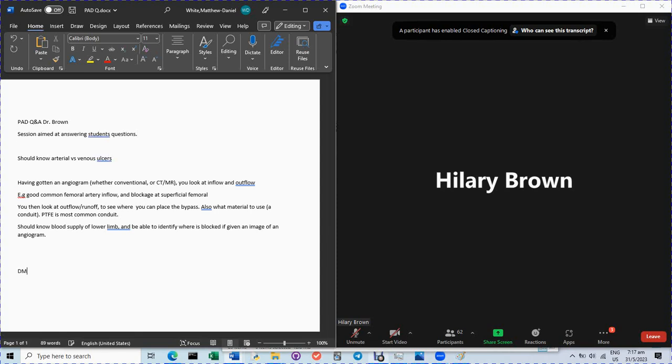In fact, a diabetic foot patient may actually have palpable pulses while having a neuropathic ulcer over the metatarsal head.